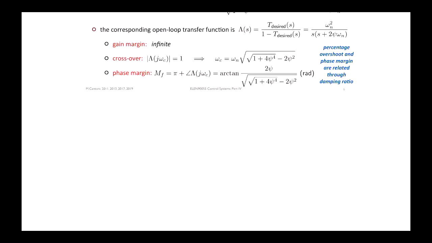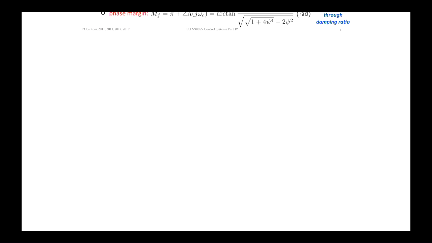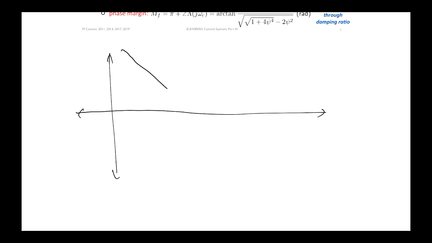And the reason for thinking like this is that if I have an open loop gain that looks like this, it's high at low frequencies, then it makes a transition at the crossover frequency and is low at high frequencies, then the complementary sensitivity function, so this is lambda, right, and it's the magnitude of the complementary sensitivity function, as we've seen many times, because lambda is large at low frequencies, it will be close to 1, so this is 0 dB, right? And then it'll be 1 over a range of low frequencies.